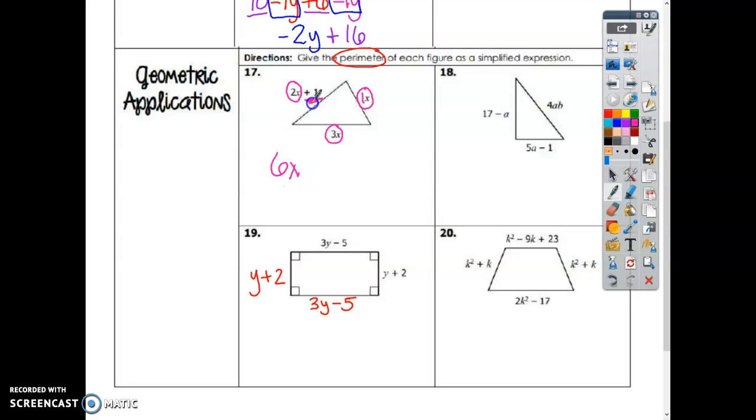And then this one just stays by itself, plus 1. Okay, so you're just adding everything up. This is a negative 1a plus 5a. That's 4a. These two go together, and this one goes by itself.